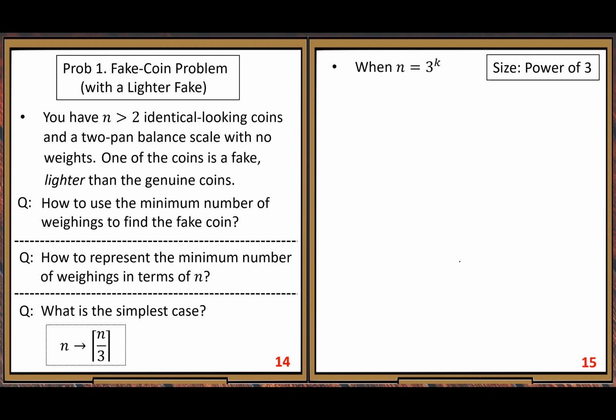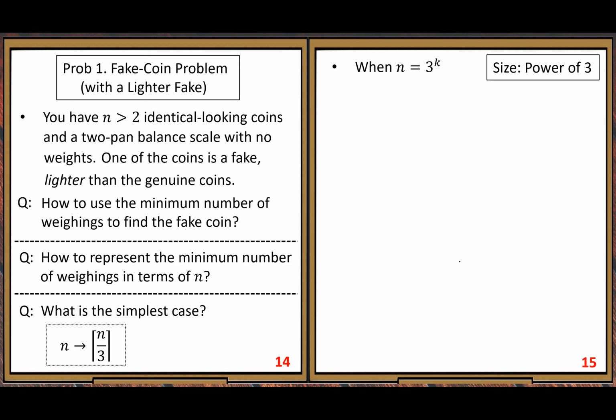Let's assume n equals 3 to the kth power. Now, if n equals 3 to the kth power, how many weighings do we need to find the fake coin in this group?